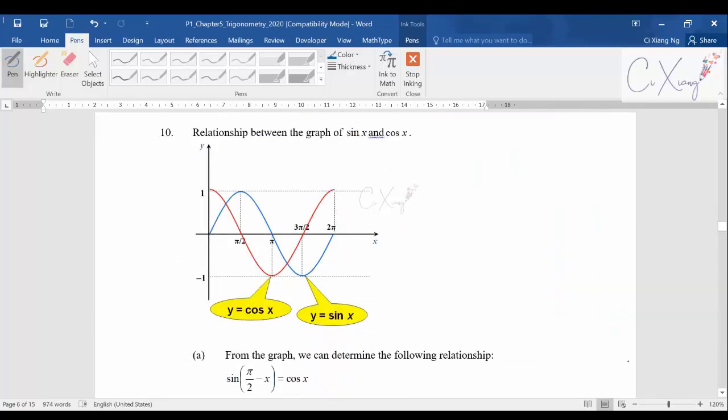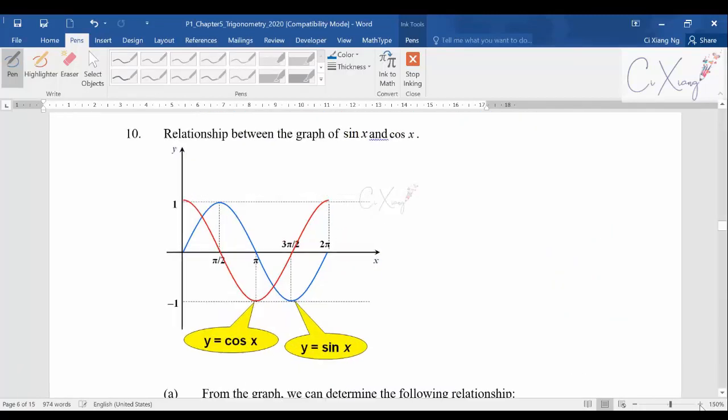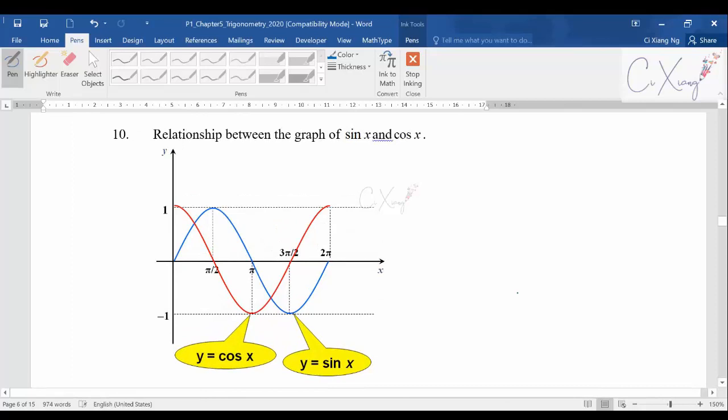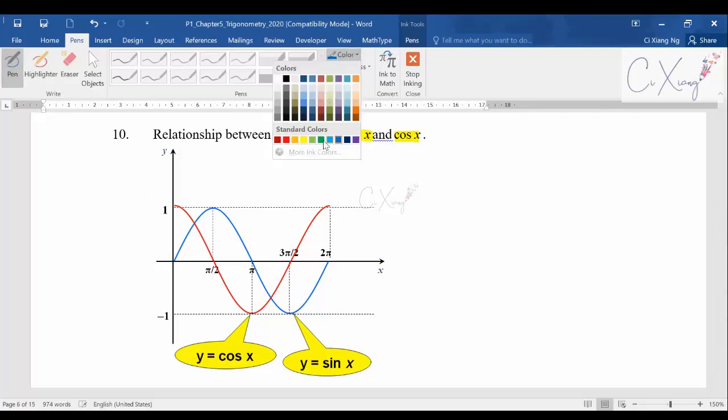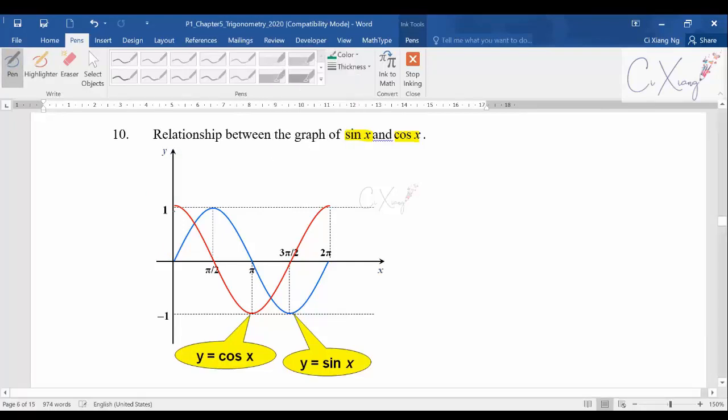Okay, then if we continue further, there is actually a relationship between the graph of sine x and also cos x. If you look at the graph here, the red one is cos x, the blue one is sine x. If you want to check their relationship, take this point here, and then another point is pi over 2 units to the right.